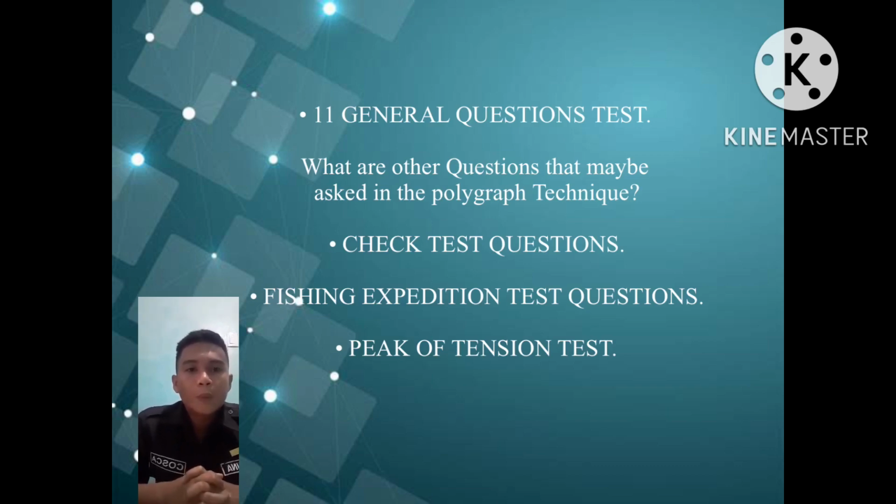It is also possible to use the peak of tension test in searching mode when the examiner does not know which answer is connected to the event but wants to use the test for help in investigation. It is assumed that the pattern of a guilty person's automatic responses will reveal the correct answer.